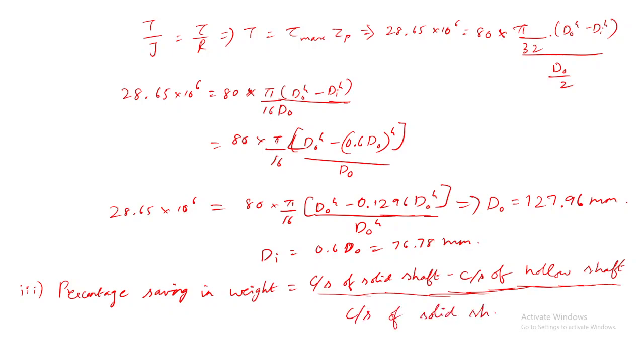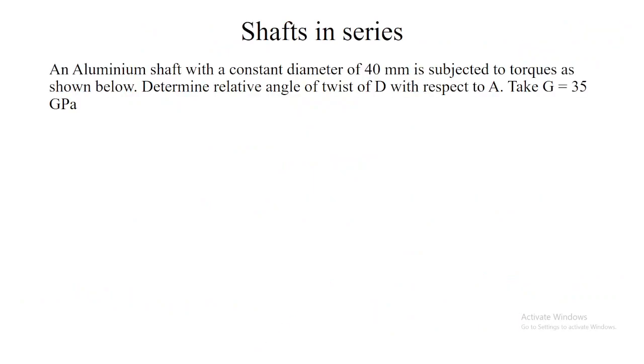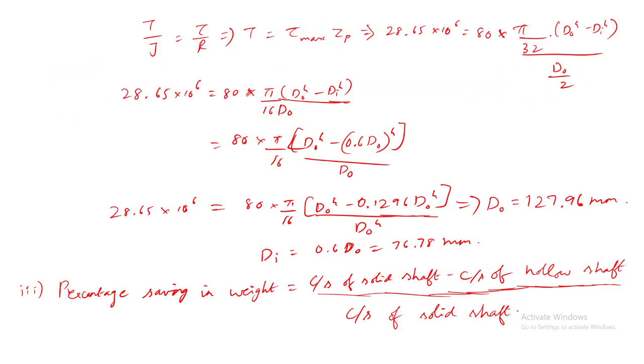Since the reference is the solid shaft, when we go to the hollow shaft we get a reduction in the weight. So can you find out what is the value? Okay, I need a new slide then.